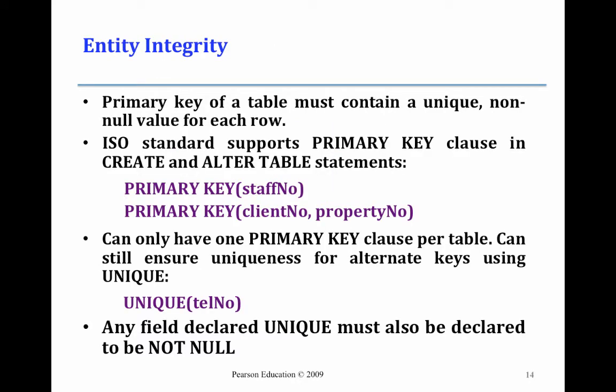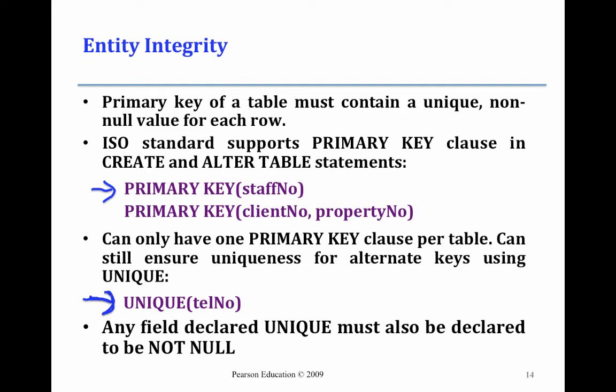Then with entity integrity, basically there are two ways to tell SQL that the values in a column are unique. One is by declaring an attribute or set of attributes to be a primary key, and that's a promise that they will be unique. But you may also have, remember, candidate keys, which also uniquely identify each tuple in the relation, but were not selected as the primary key.